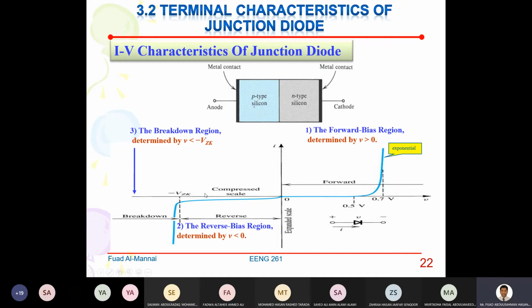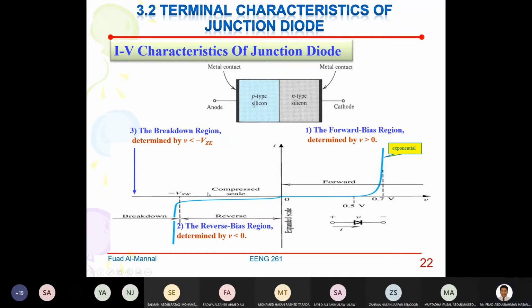Now you cannot put a big reverse voltage here, because it cannot go on forever. There is a point at which the diode will break down if you do, because the diode doesn't like to be reversed hard. If you do that, the diode will break.